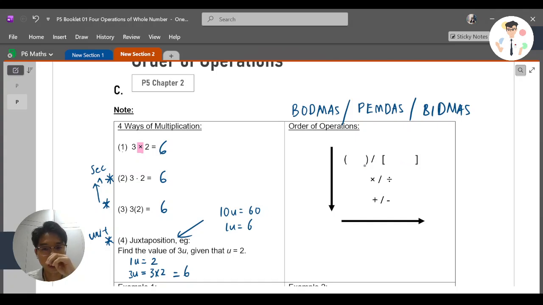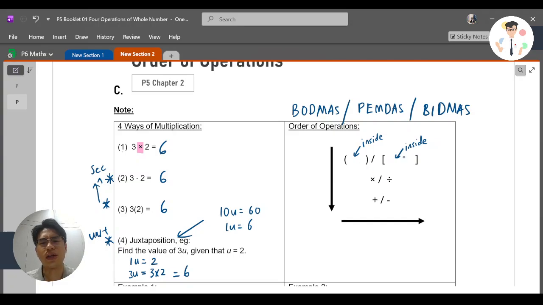Let me share with you some very important points. The first thing you need to do in an operation is the parenthesis. This is a parenthesis, and this is a bracket. So either one of these, what you need to do is the things that are inside.